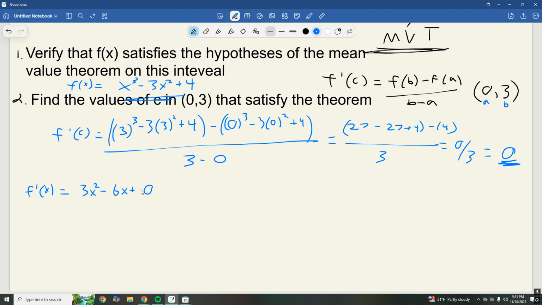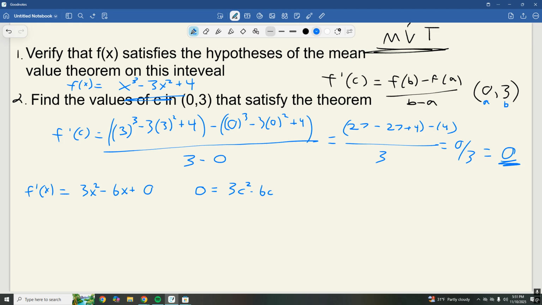Now that we have the derivative of our function and we have our f'(c), to find c we can just plug in c for x. So 0 equals 3c squared minus 6c.